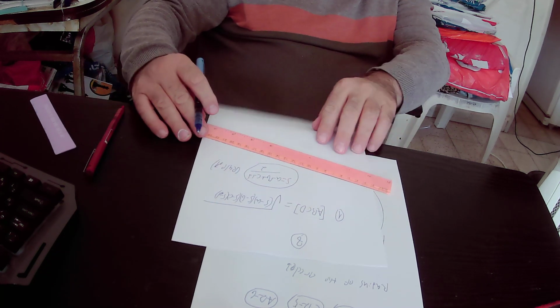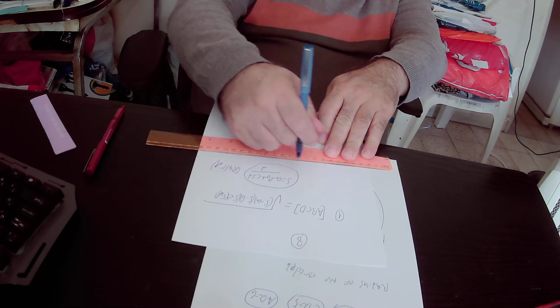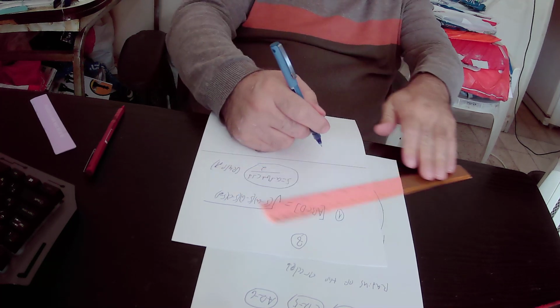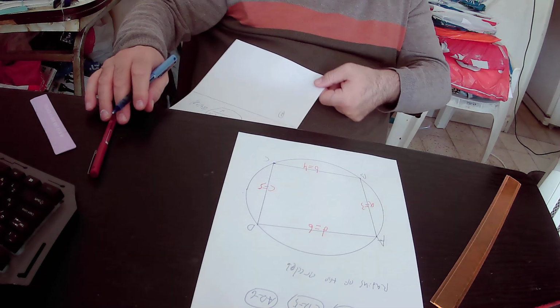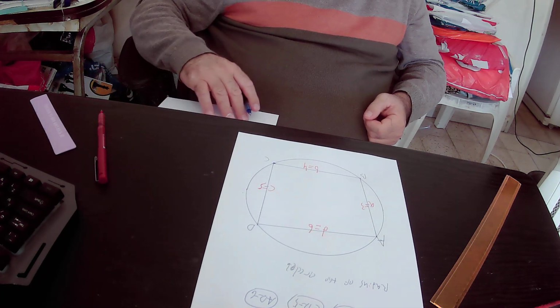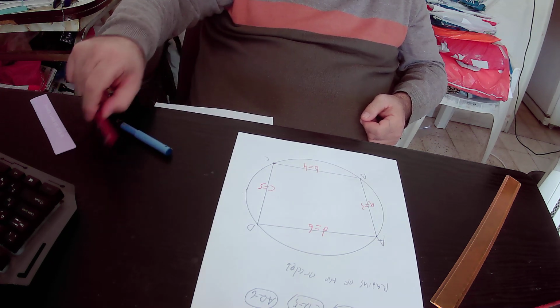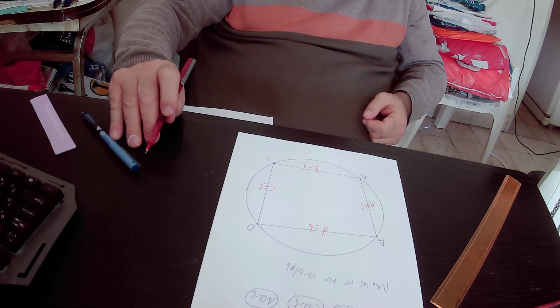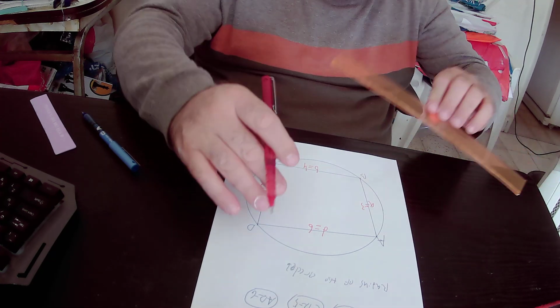And we will implement rule number 2 in our specific drawing. First of all, we will draw the two diagonals of this quadrilateral ABCD.